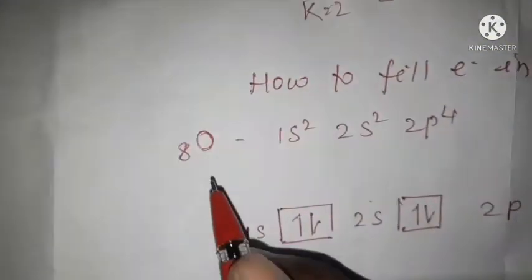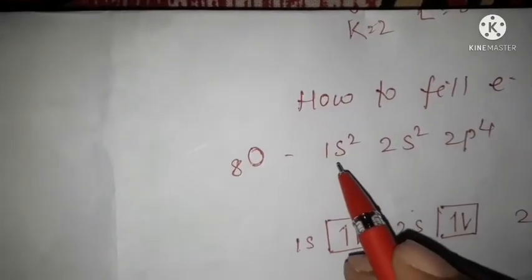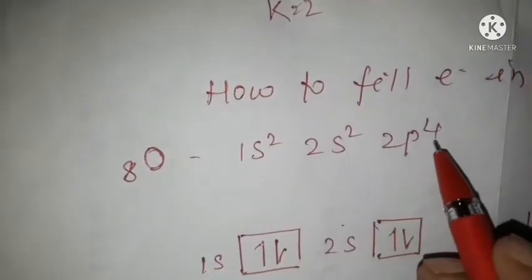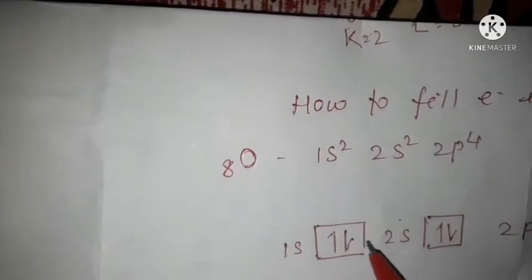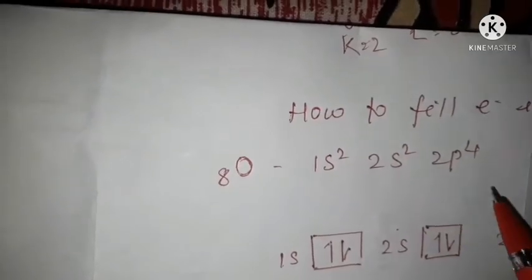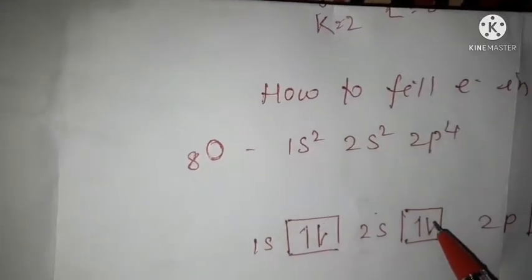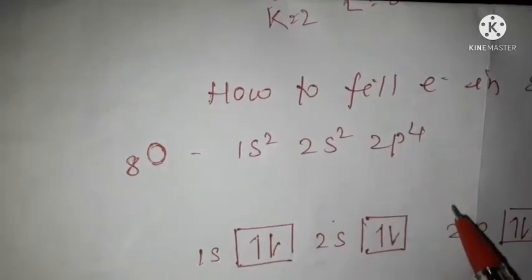Now we take the example of oxygen. We write it 1s2, 2s2, 2p4. 1s2 represents 1, the K cell, and the S subcell, in which 2 electrons are filled. 2s is also written, in which 2 electrons are filled, and 2p, in which 4 electrons are available.